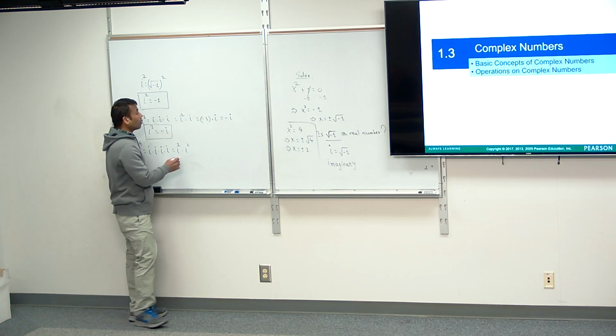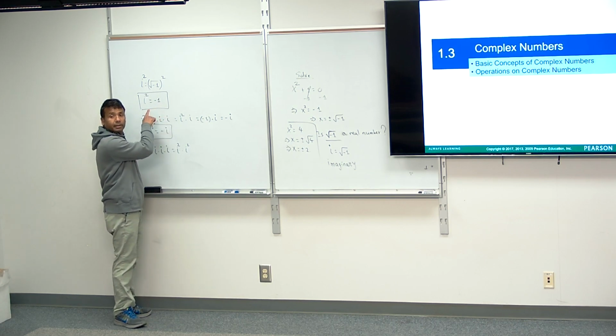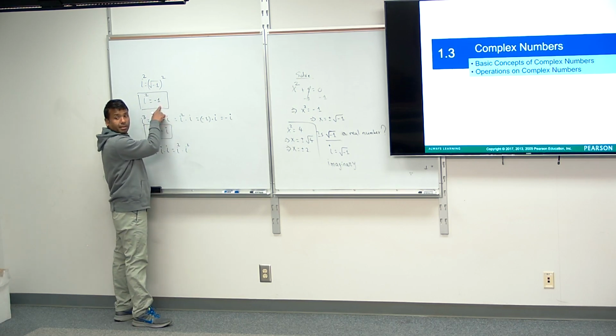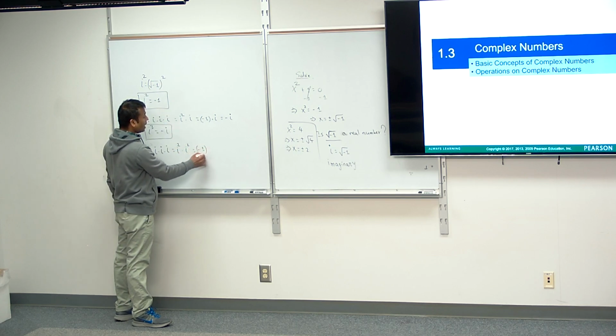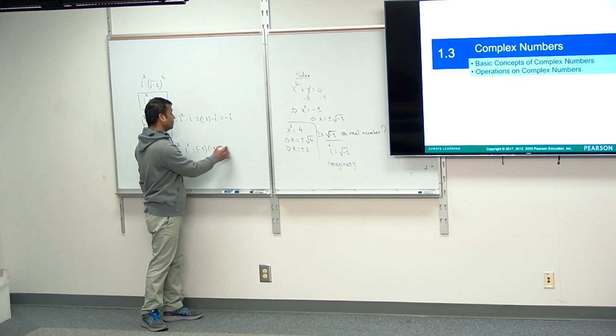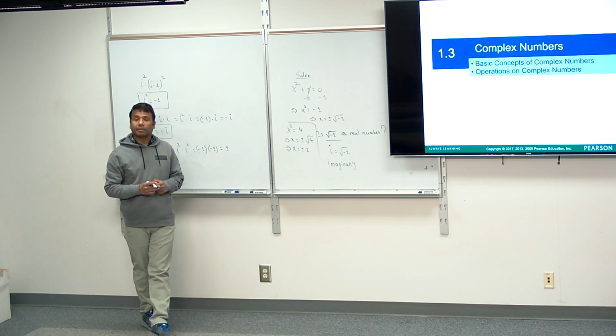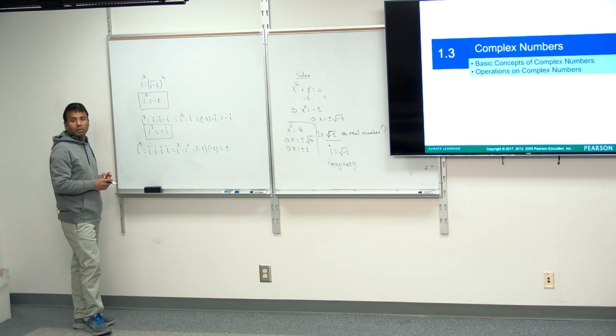So now, what is the value of i squared? Negative 1. So this is negative 1 times negative 1. So what is negative 1 times negative 1? 1. See that? So the value of i to the power 4 is positive 1. Right?